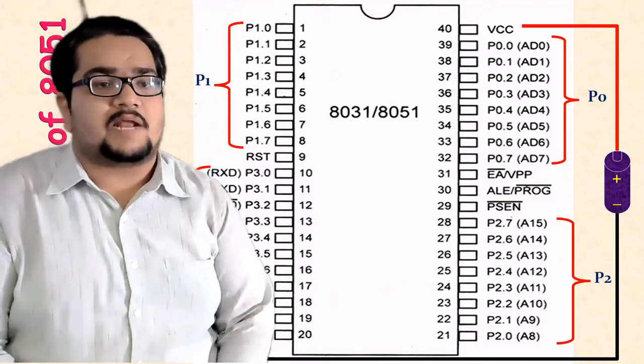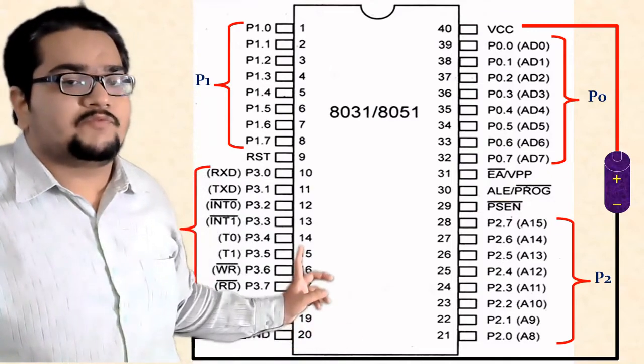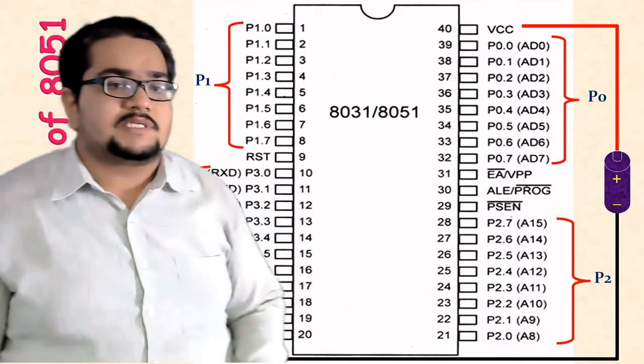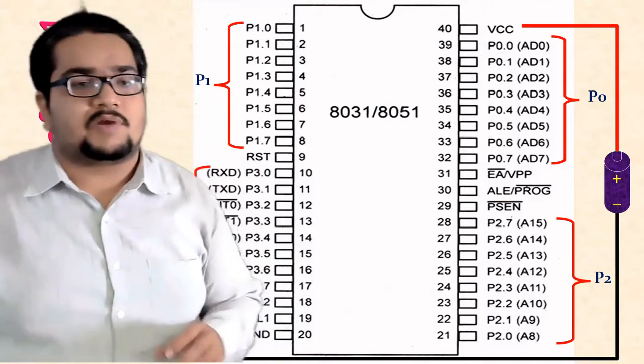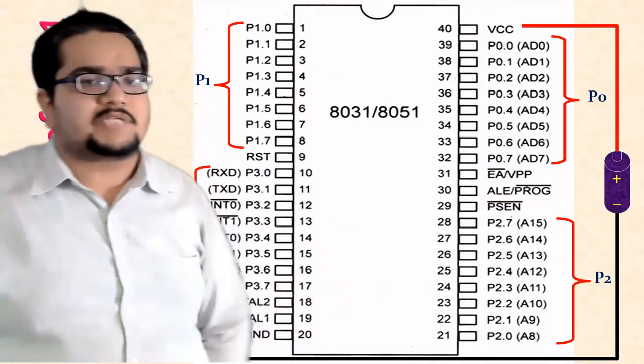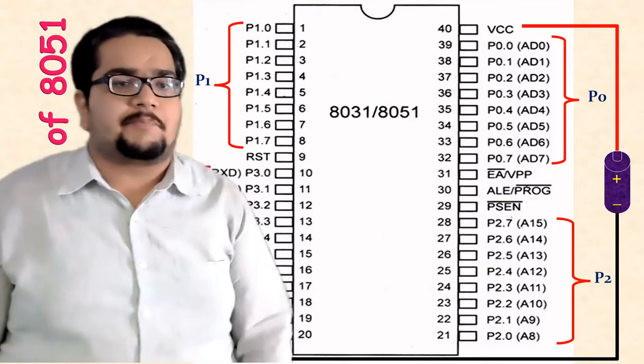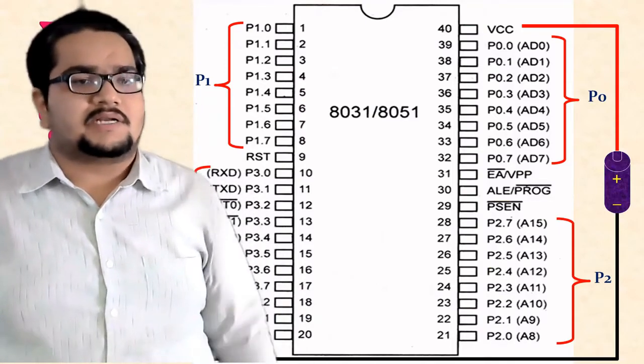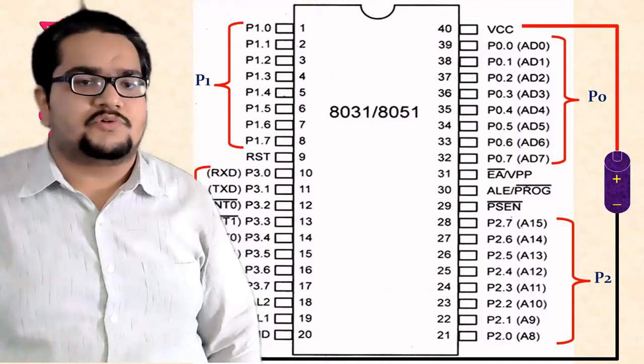That pulse can be given at pin 14 or 15, and it will be counted by timer 0 or timer 1 according to where you give that signal. So the timers can be used as counters, counting pulses, as in the earlier example I have shown you.